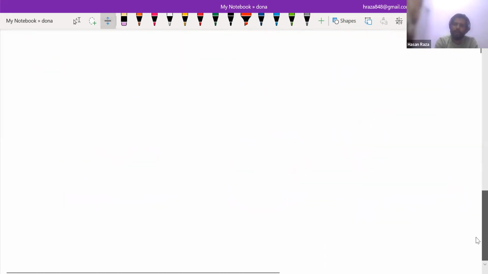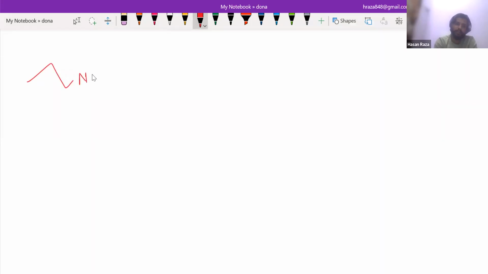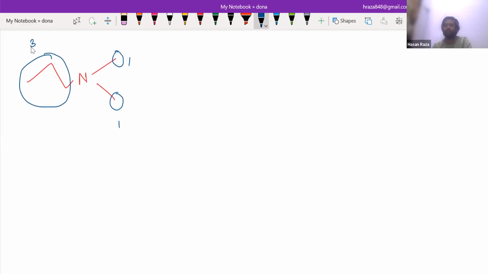Now, if you have this, we are done with the secondary also. Now, if you have this, so this is your tertiary. Now you can see this contains 1 carbon, this also contains 1 carbon, this contains 3 carbon. So you have to decide which one will be the parent.